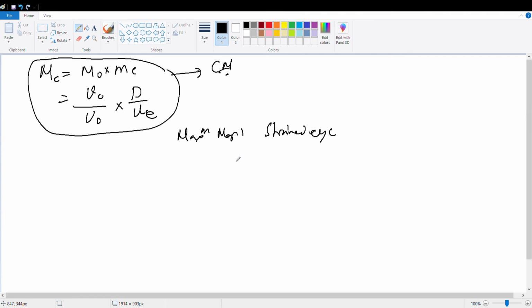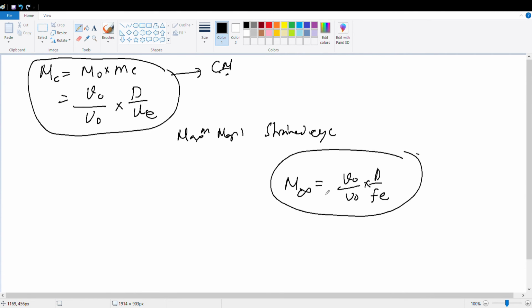Whenever the maximum magnification is given, then you can directly tell your M infinite. So you will directly say your M infinite is V naught by U naught into D by Fe. Why Fe?